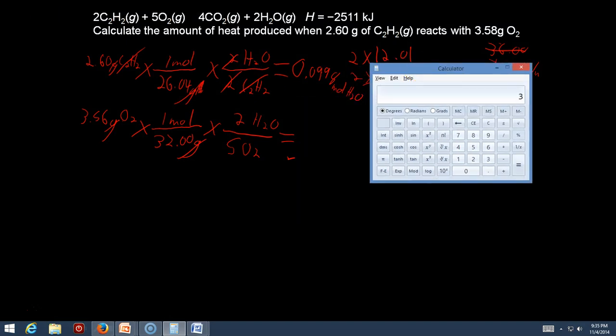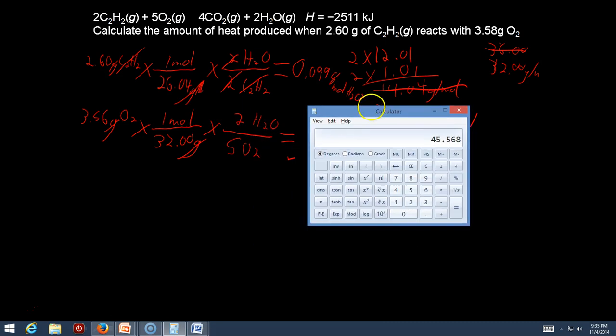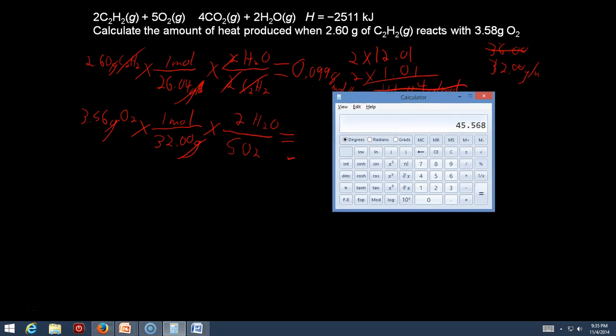So put in our calculator 3.56 divided by 32 times 2, because 2 is on the top in that last bit, divided by 5. We end up seeing, oh, that doesn't seem right at all. Let's try that one again. So 3.56 divided by 32 times 2 divided by 5. That seems more reasonable.